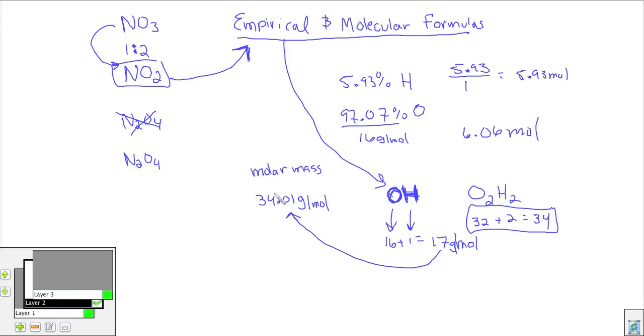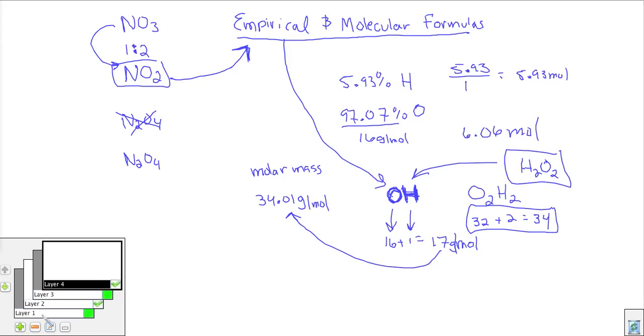We multiplied this whole thing by 2 because it went in there 2 times. So we had O2H2, or actually H2O2. Now this helps a lot because H2O2 is very different than OH. OH is hydroxide and H2O2 is hydrogen peroxide. So this is a very, very different molecule than this, and it's very important for us to know the molecular formula when it comes into play like that.